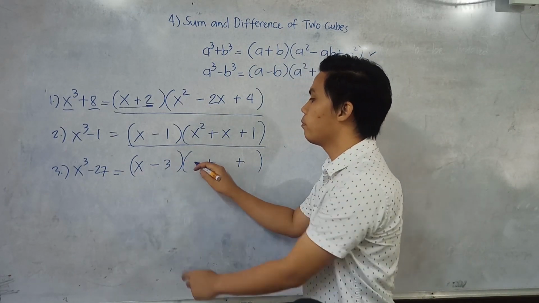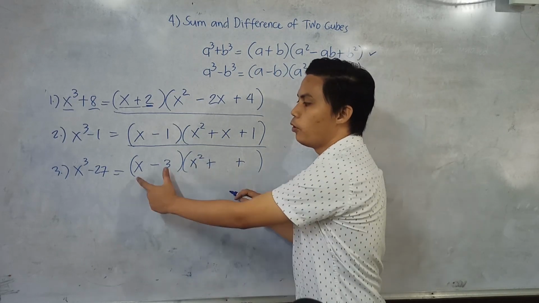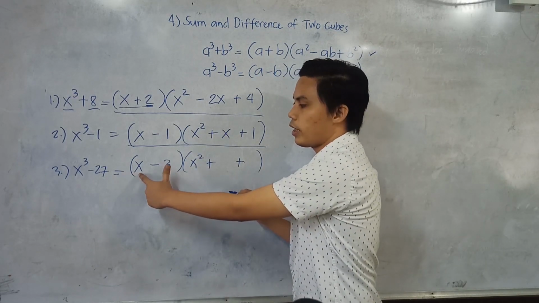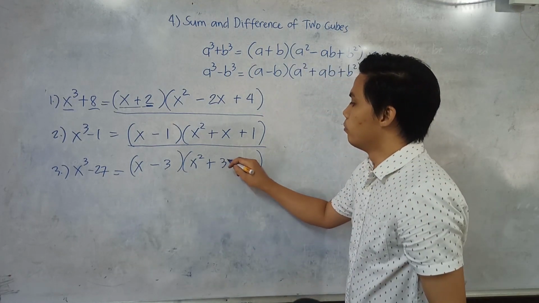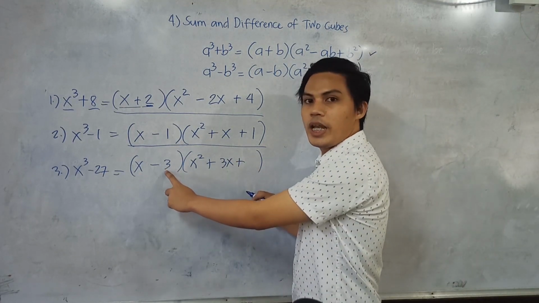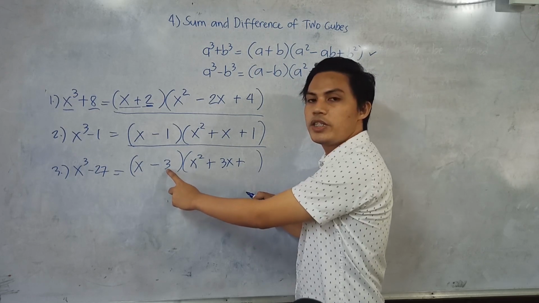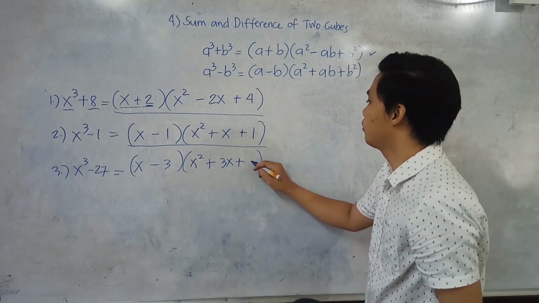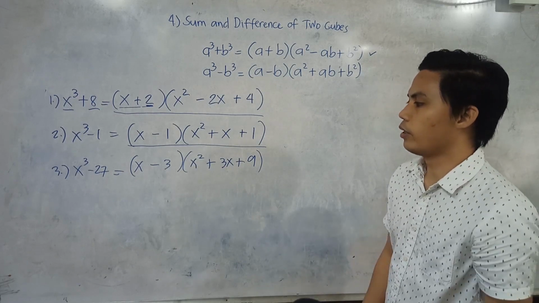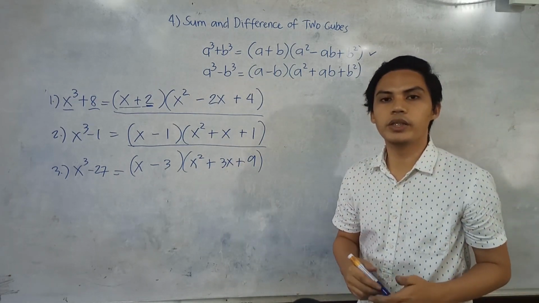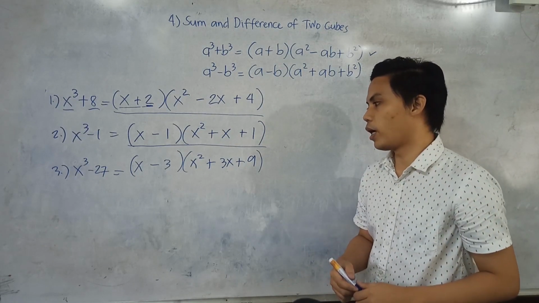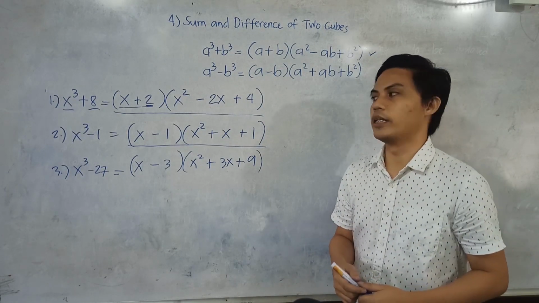Square the first term, x squared. Multiply the two terms, x times 3 is equal to 3x. Then, square the last term. 3 squared is equal to 9. Therefore, the answer is the quantity x minus 3 times the quantity x squared plus 3x plus 9.